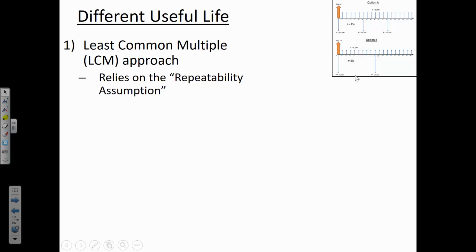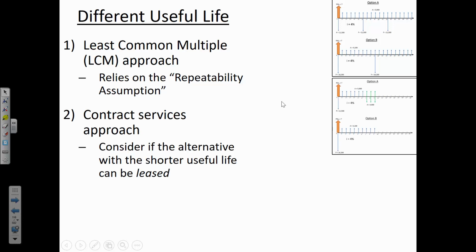That's LCM, and we already talked about the repeatability assumption. Contract services says, let's take the short one and make it longer so that it ends at the same time as the longer one. The way you make the short cash flow diagram longer is you find equipment to rent for the intervening years.